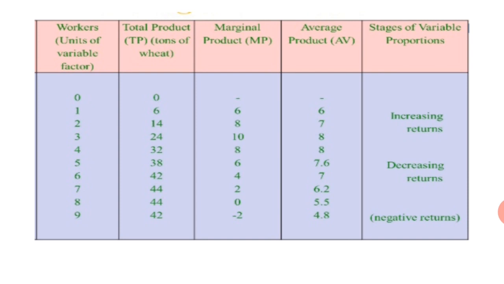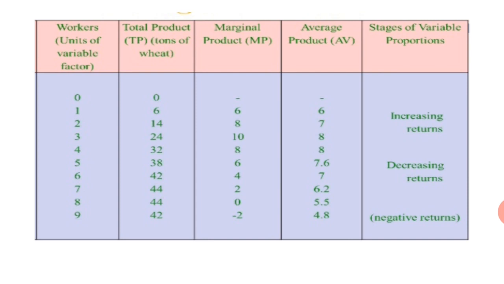Next, 42 minus 38, how much will it give? It will give 4, another lesser number. Next, 44 minus 42 will come as 2. Next, 44 minus 44 is 0.